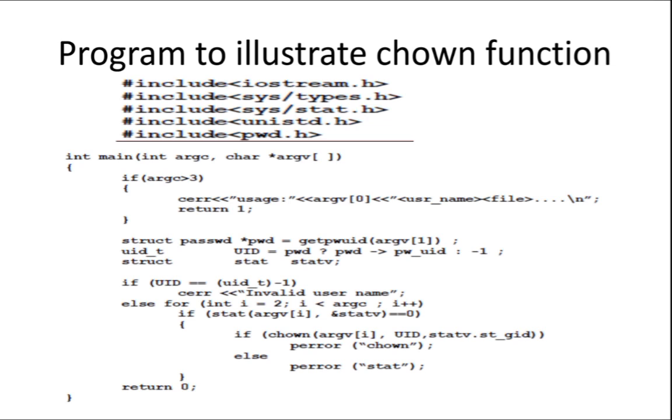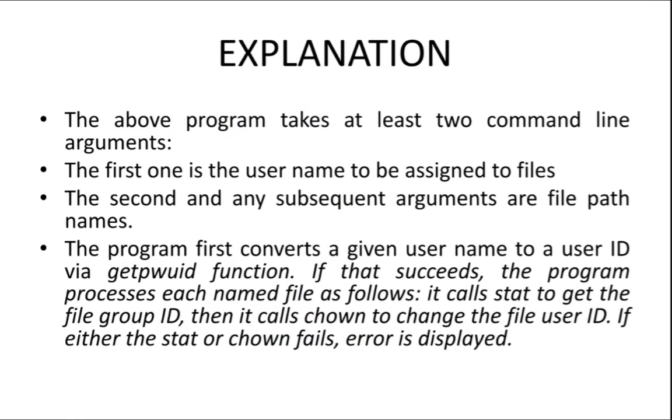So remember, I am illustrating the chown function. The chown function is mainly used to change the user ID and the group ID. So you can see there argc greater than 3. Why argc greater than 3? You can see the first one is the username to be assigned to the file.